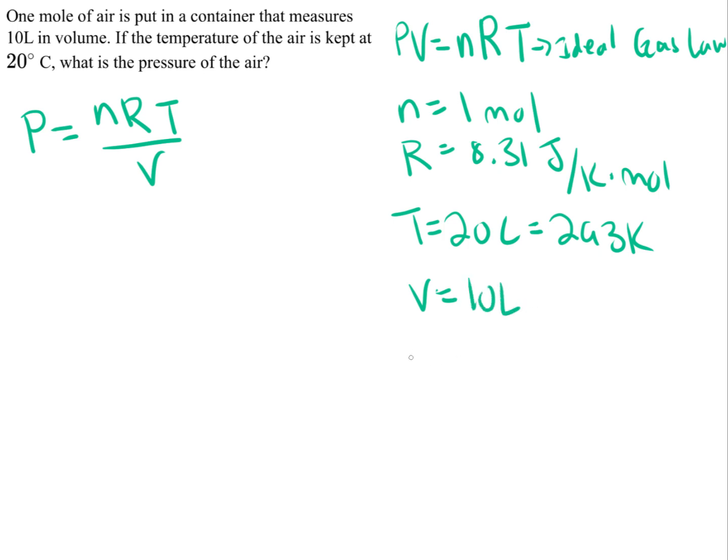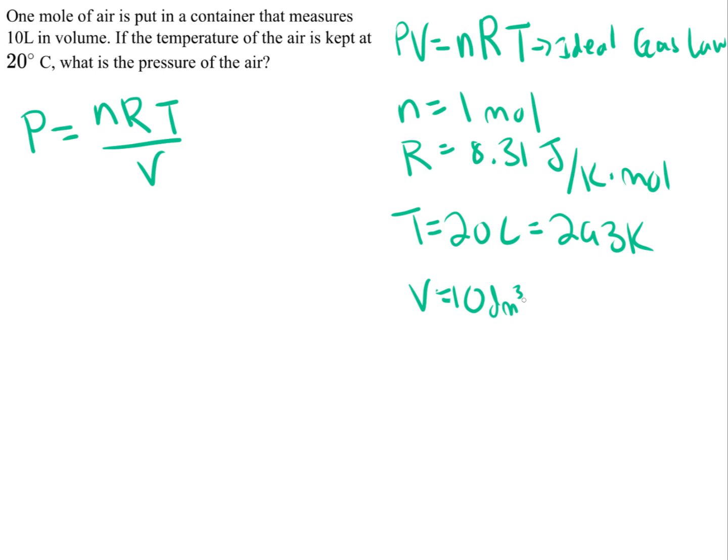And if you remember, 1 liter is simply equal to 1 cubic decimeter. So when it says that the volume is 10 liters, it's really saying 10 cubic decimeters.